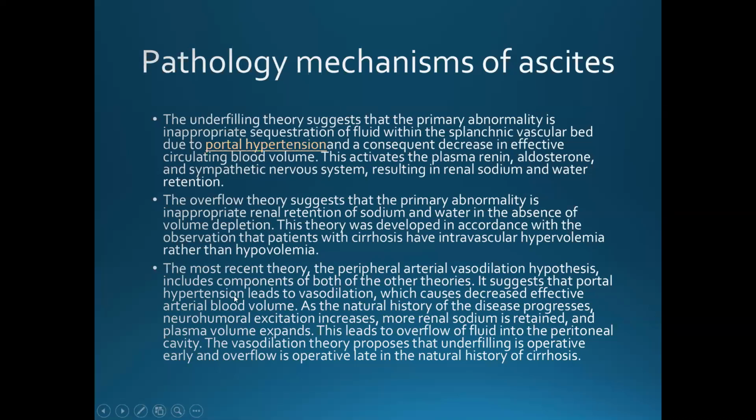Now, the most recent theory is peripheral arterial vasodilation. This one borrows from both the underfilling and the overflow theory. In this case, portal hypertension leads to vasodilation, which causes decreased effective arterial blood volume. As the natural history of the disease progresses, neurohormonal excitation will kick into action.